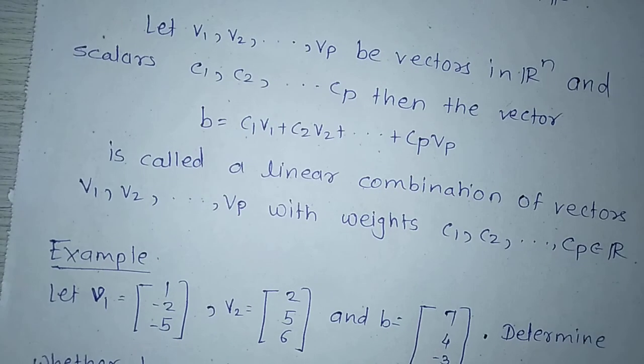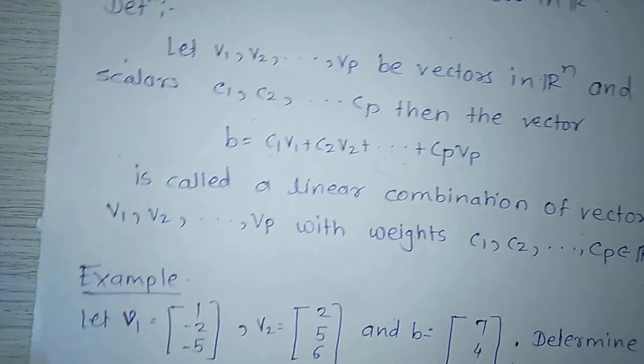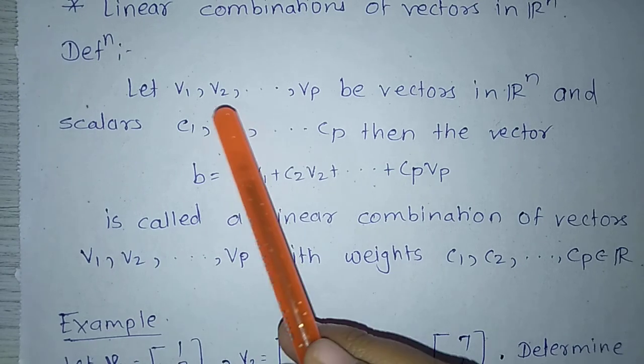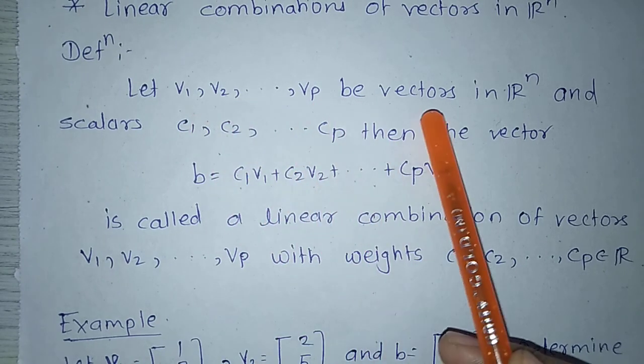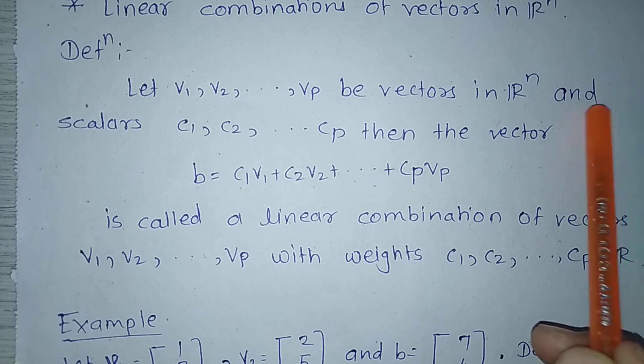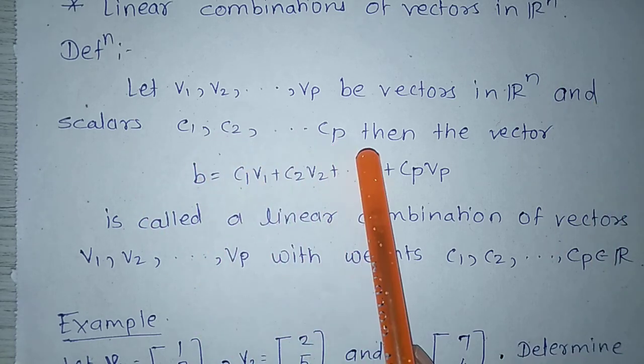Next, linear combination of vectors in Rn. Definition, let v1, v2 and so on vp be vectors in Rn and scalars c1, c2 and so on cp.